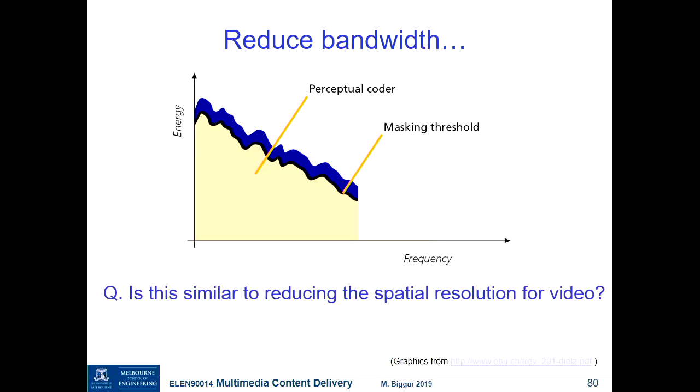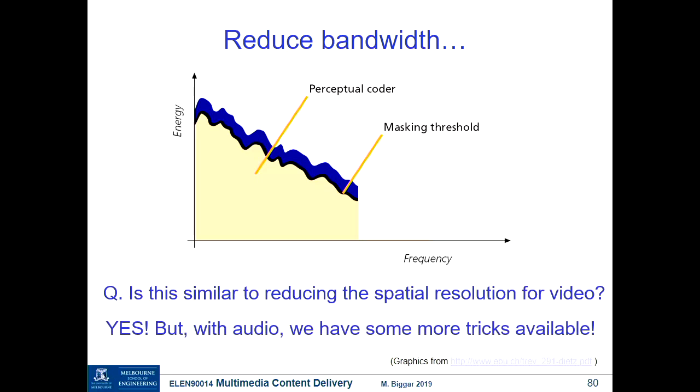So is this similar to reducing the spatial resolution for video, do you think? One nodding head? Yes. Yeah, that's right. It's the same concept, right? Except that in the audio space we have some more tricks available to us, which is the interesting part. Enough to keep us all awake tonight, I'm sure.